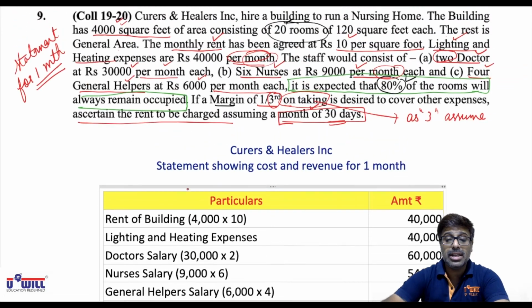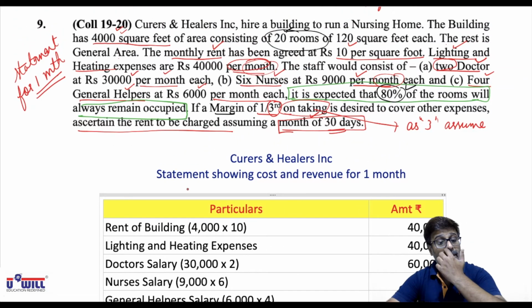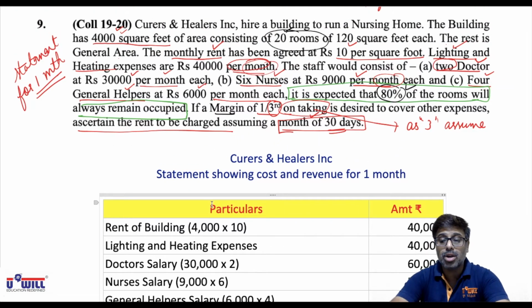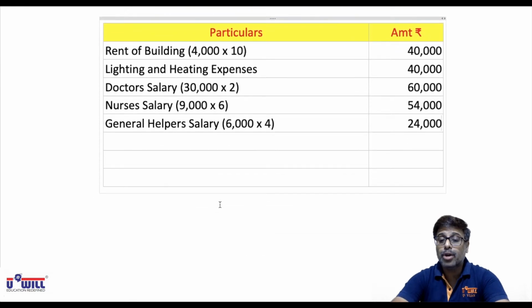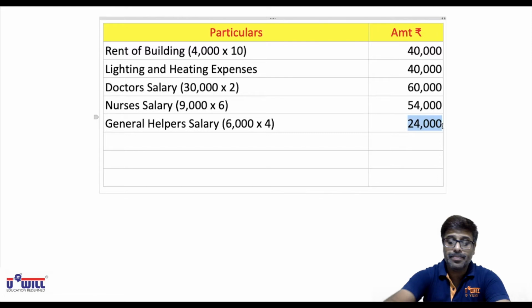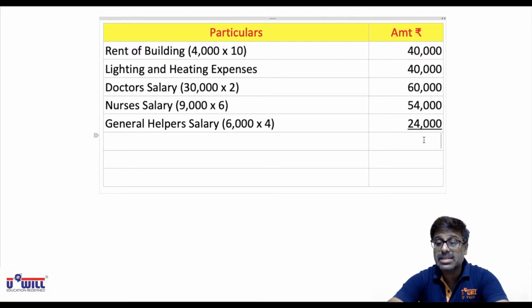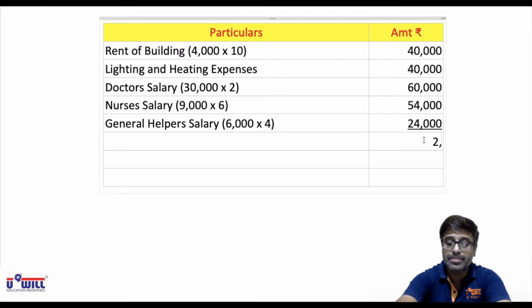Then after general helpers salary, no other expenses are given, so we can find out the total cost. 40 plus 40, 80 plus 60, 140, 190, 210, 2,18,000. That is the total cost.